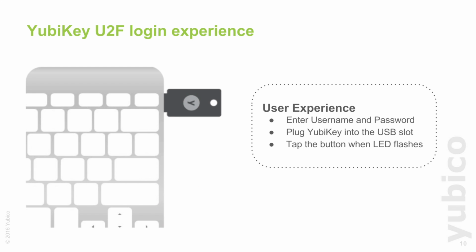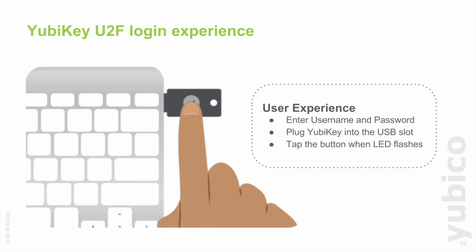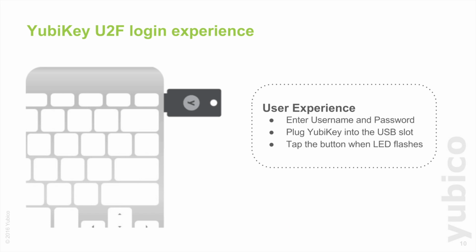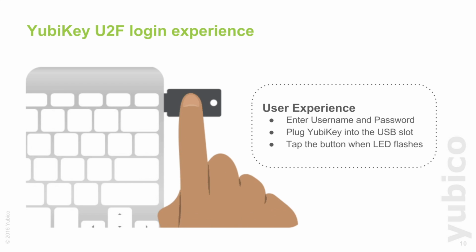The reason this works in a much more simplistic way is because, compared to other ways of two-factor authentication, most people are familiar with SMS or OTPs and things like that. In this situation, we're actually using public key crypto.